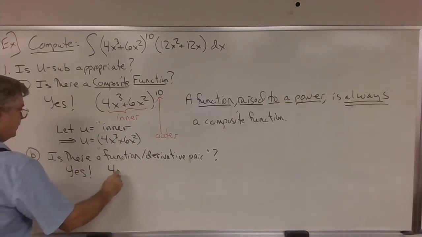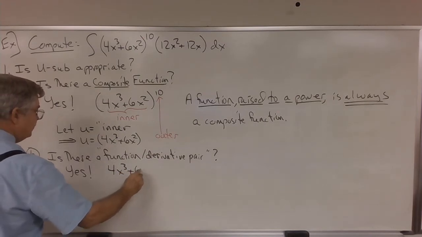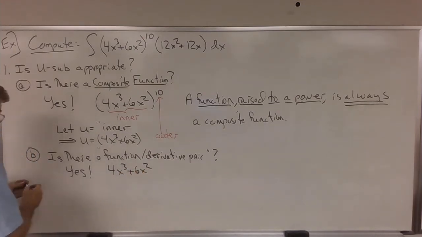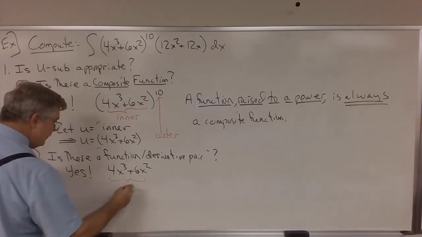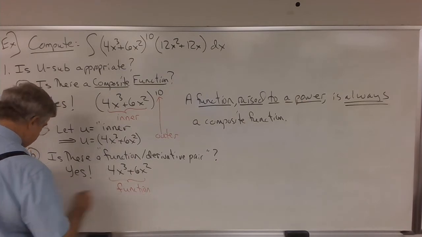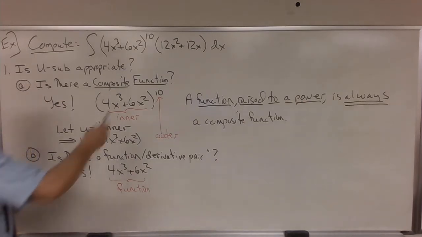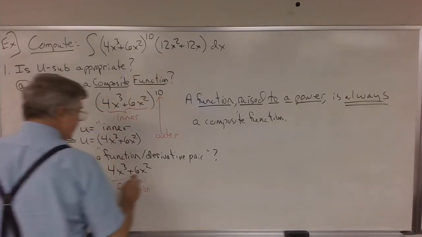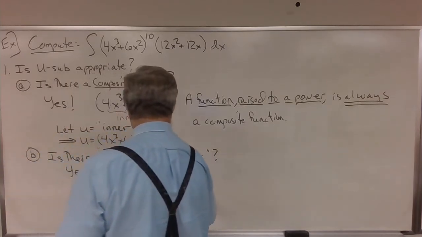So 4x cubed plus 6x squared, that's the function. And 12x squared plus 12x, that's the derivative.